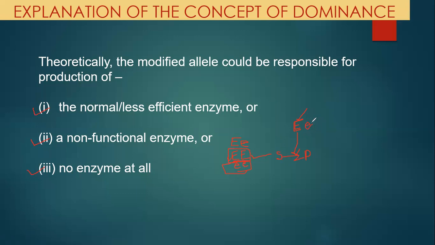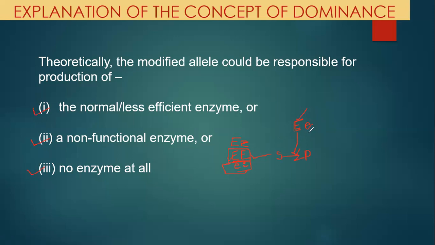If it is producing a less efficient enzyme, the rate will be a bit slower, but substrate will still form product. In that case, capital E is not completely dominant over small e.